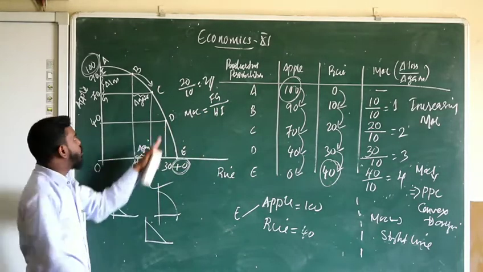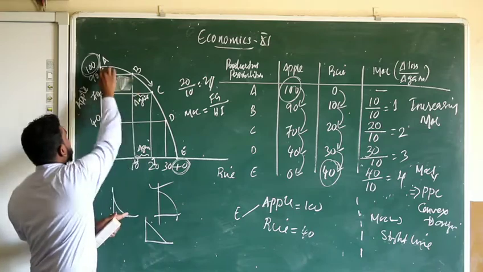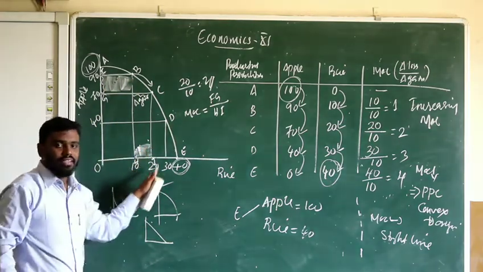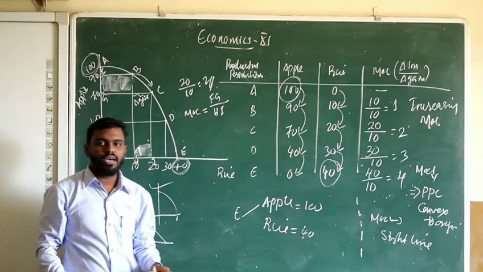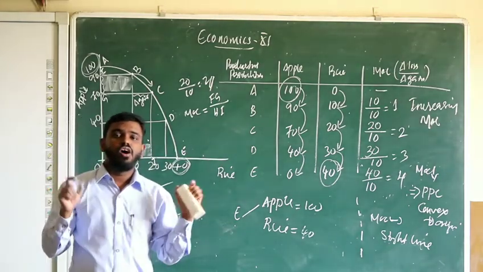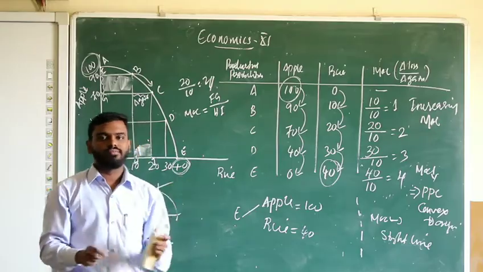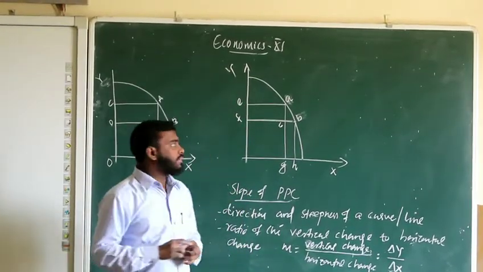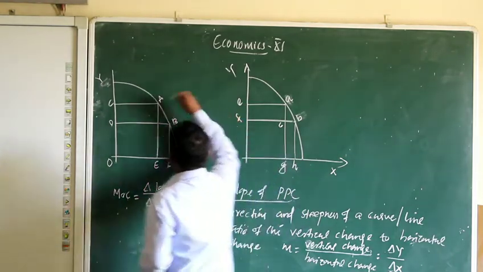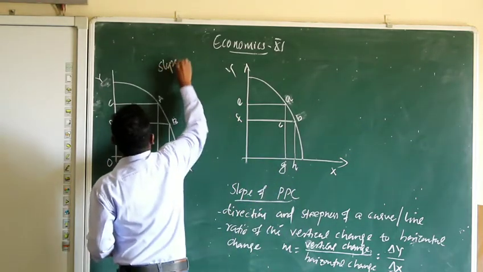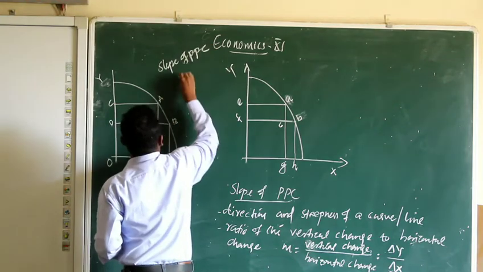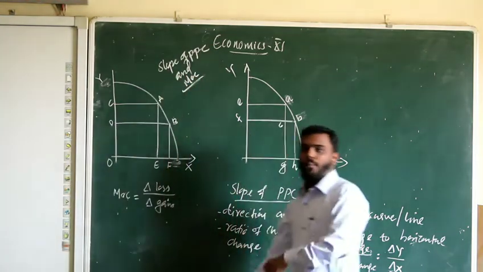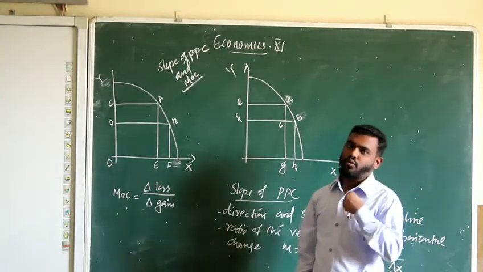Symbolically, MOC is equal to delta loss, that is FG, divided by delta gain, that is HI. Okay, so that's all about marginal opportunity cost. So coming to the last topic of this chapter, that is slope of PPC and MOC.